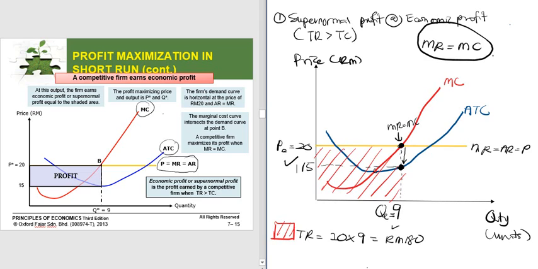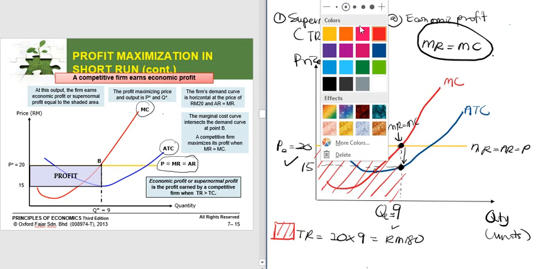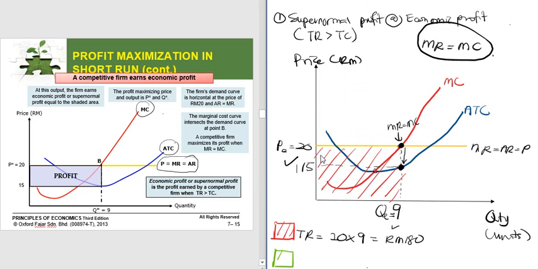Now you have the area for total revenue and total cost. Let me shade the total cost area here. The green area is the area of your total cost. The average total cost is 15, and you multiply it with the quantity, the cost multiplied by the units of the product. So what you get here is RM 135.